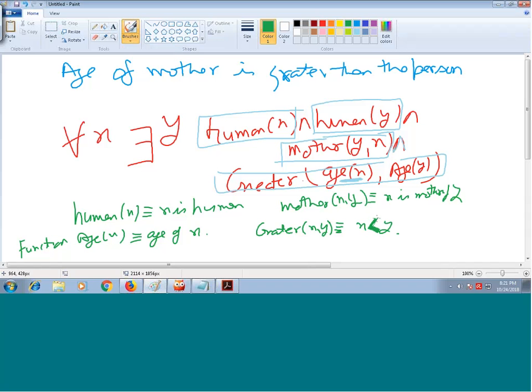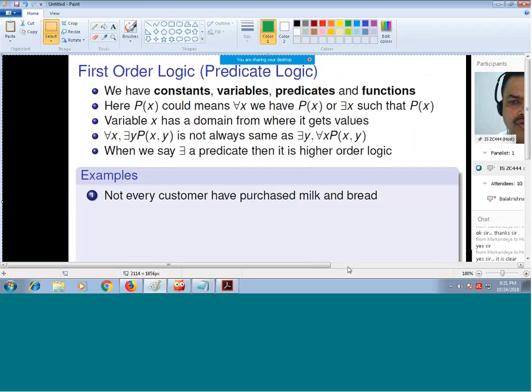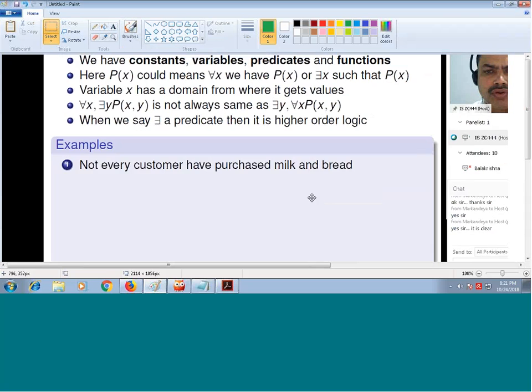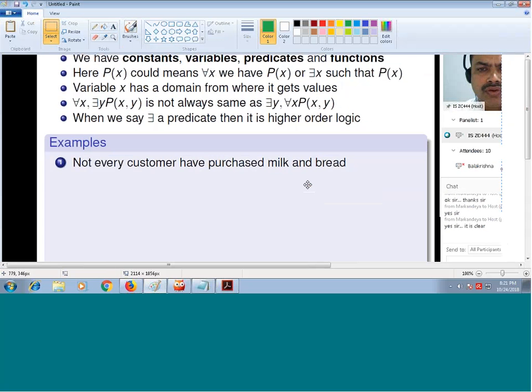All right. So you see that in this way you can write any statement. The next thing I want to point out is that when we say there exists X such that X is human, we are talking about a person.